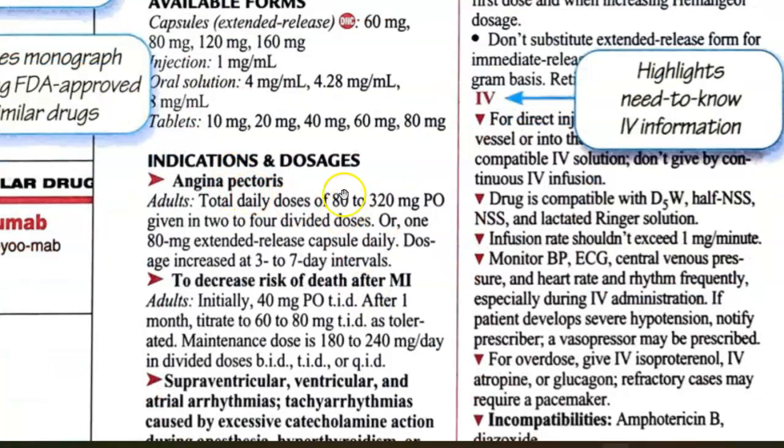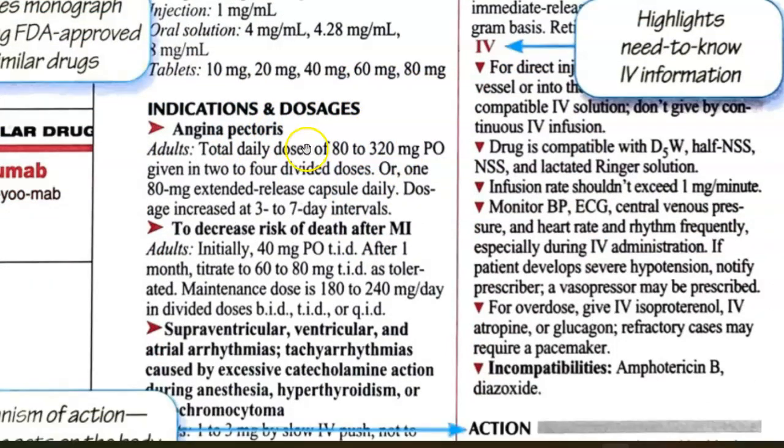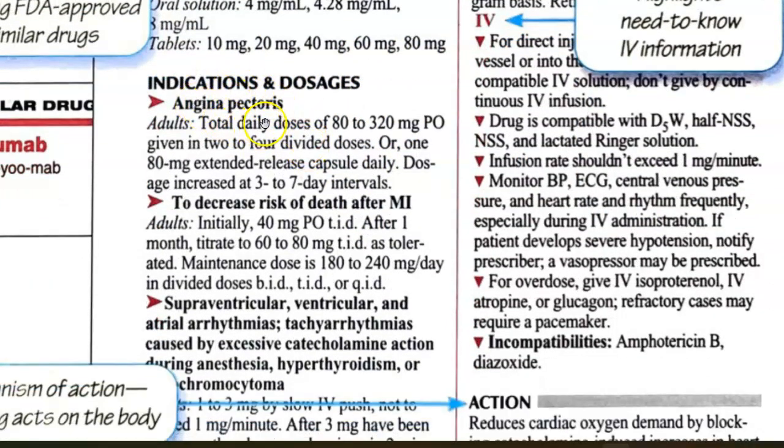And lastly, the indications and dosages. These are the list of indications, or the reasons why this medication is prescribed or used for this patient. Depending on the indication, there are different dosages pertaining to that. An example would be angina pectoris, where the common dose for adults would be 80 to 320 milligrams.